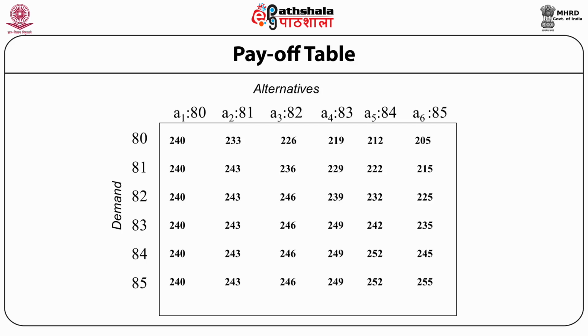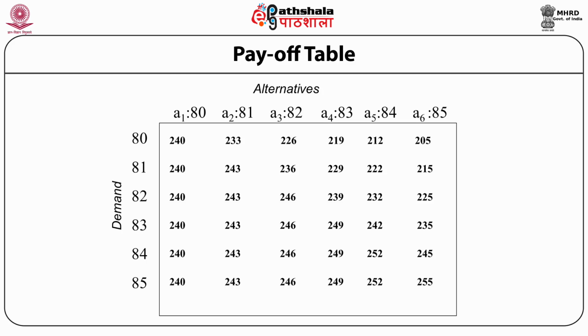You can see from the example that the disposal price would be rupees 30 per packet. So for strategy A4, total profit is equal to 80 into 3, which is rupees 240, minus 3 into 7, that is 21. So net profit would be 219.